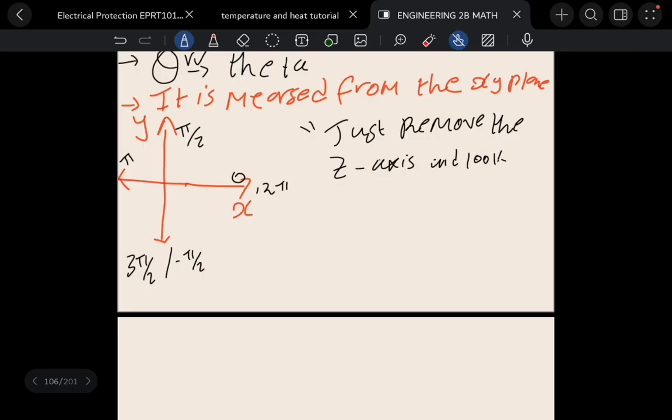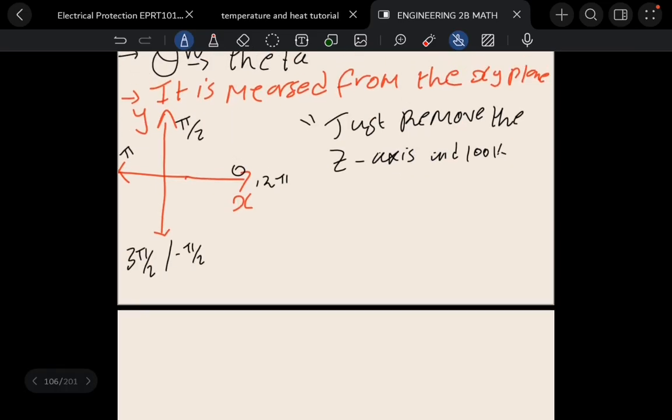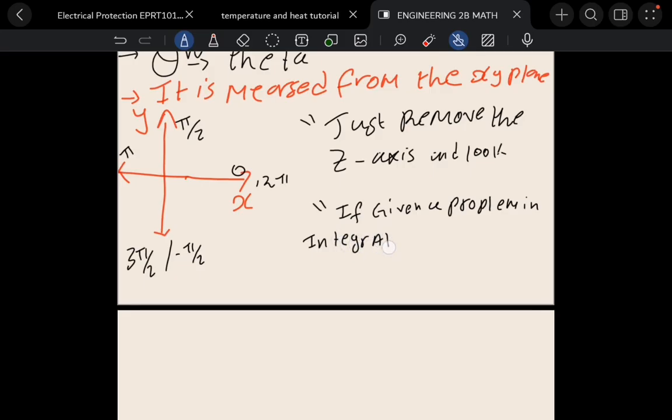And the value of theta, again, will be described if you are given a problem in integral form.